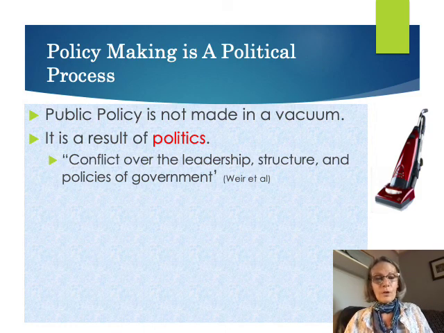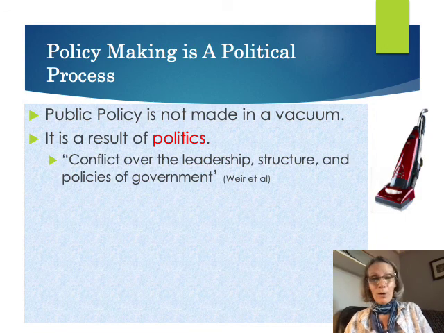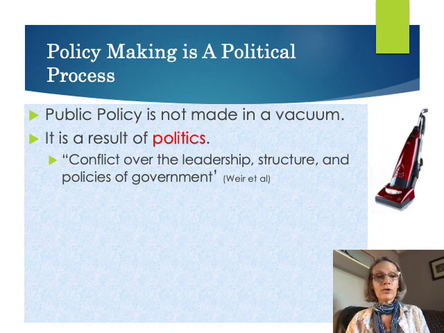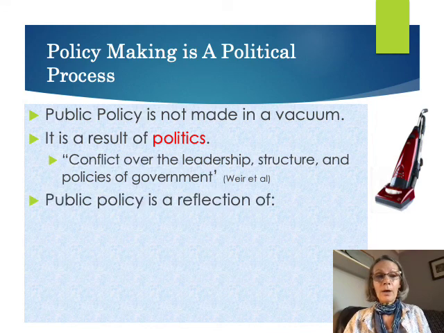You participate in the struggle over who's going to lead us, and oftentimes the people who lead us will make decisions about how our government is structured. For example, Congress might increase the size of the court, right? Changing its structure, and they also implement policies. All right. So politics is that struggle for determining who leads us, and then having a say on the kinds of policies that are implemented.